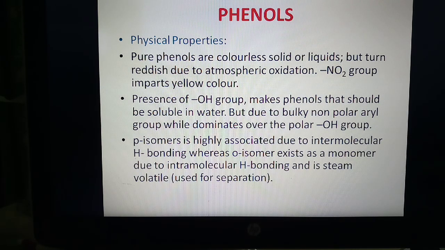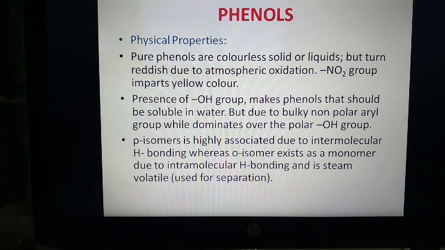So students, here we can understand that pure phenols are colorless solids or liquids, but if there are impurities like the nitro group, they will impart a yellow color, and if oxygen gets in, that means if it gets oxidized, it may turn reddish.